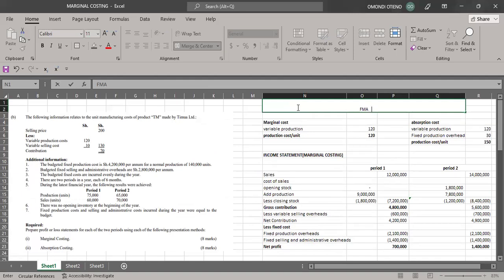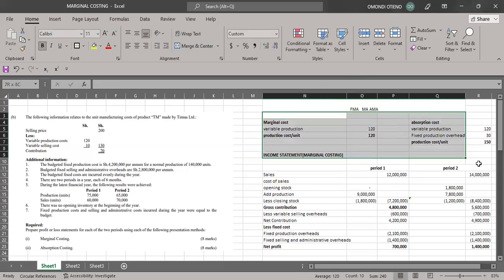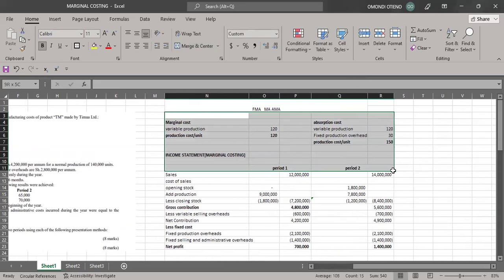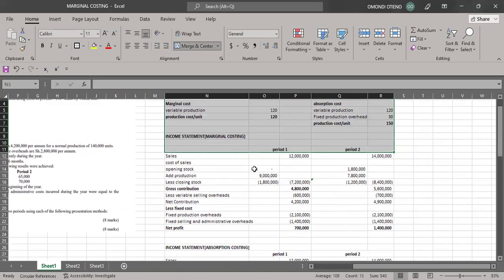Those who are taking CPA Intermediate Level, that is Management Accounting, under topic number 7. And of course, those who are taking Advanced Management Accounting under pricing decisions. So under pricing decisions, this is one of the methods in which a company comes up with a pricing method. So we are able to see that this method applies to 3 groups.